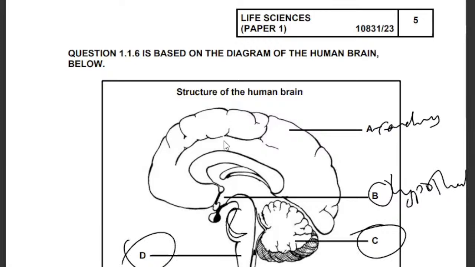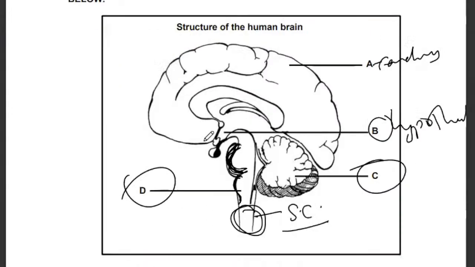Don't forget that medulla oblongata is next to this first swelling, which is called the pons. Anything below medulla oblongata then becomes the spinal cord. I think now you are clear with that.